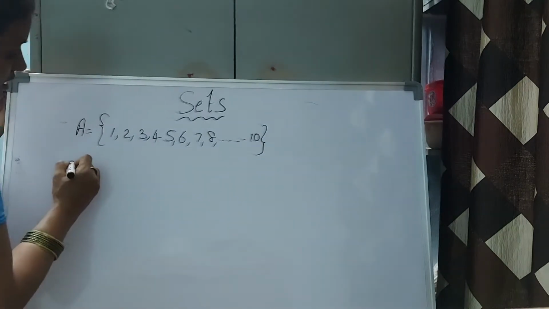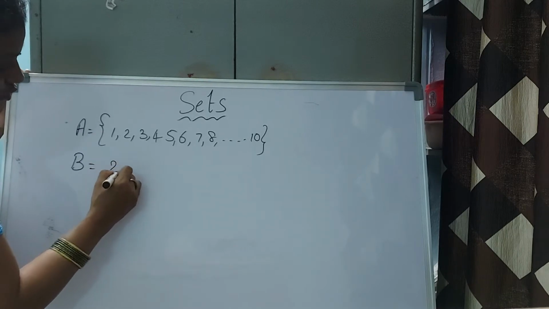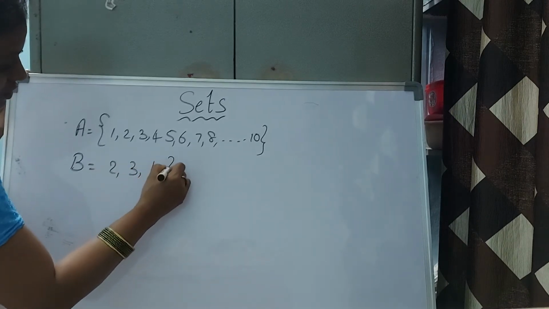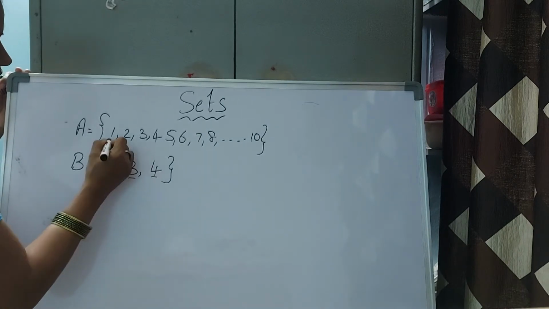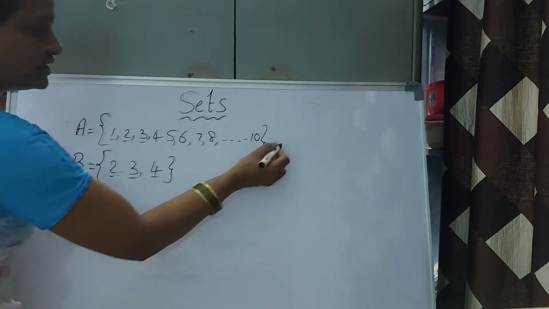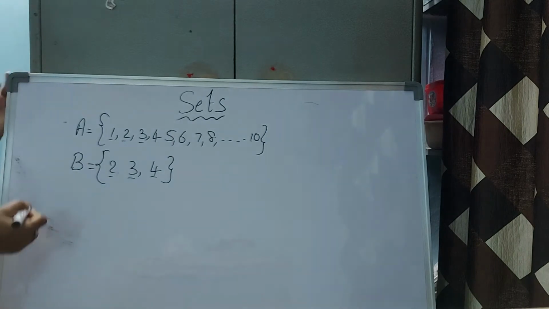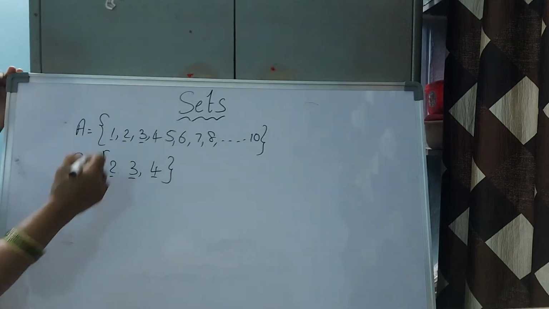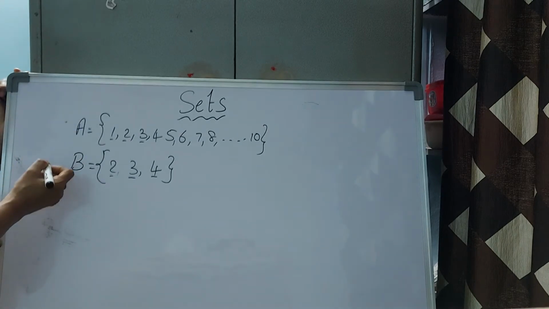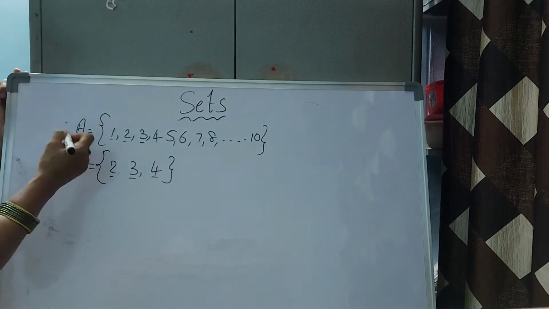B is equal to 2, 3, 4. These are the elements, and this is one set and this is one set. For the relation between two sets, we use subset.